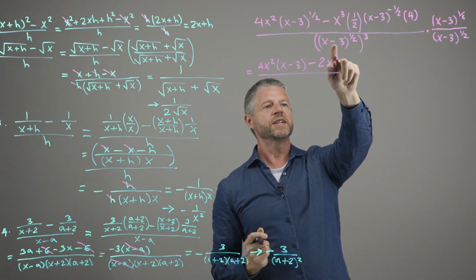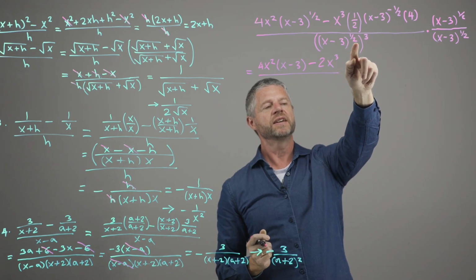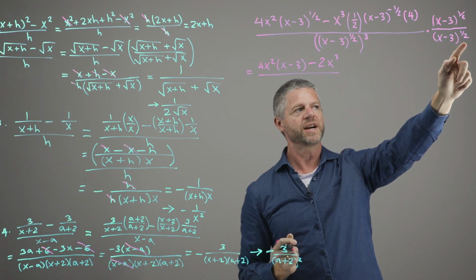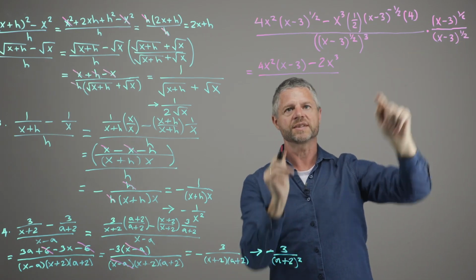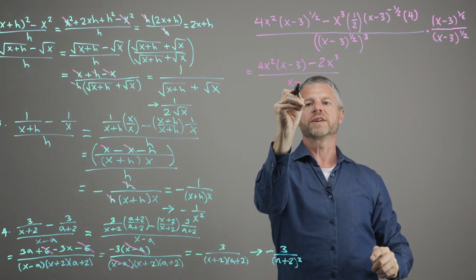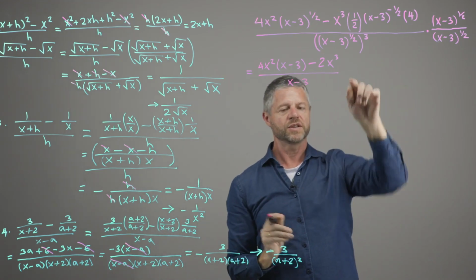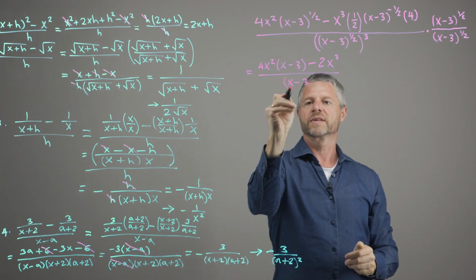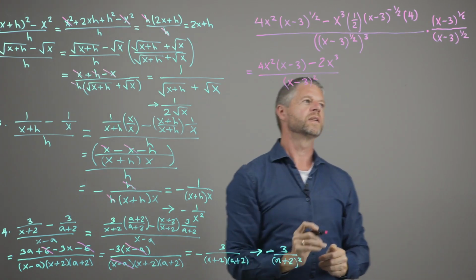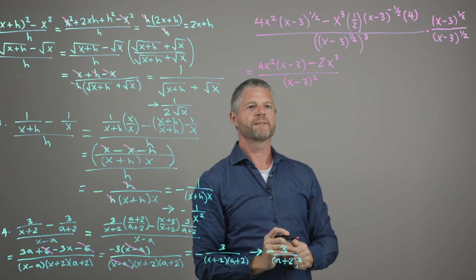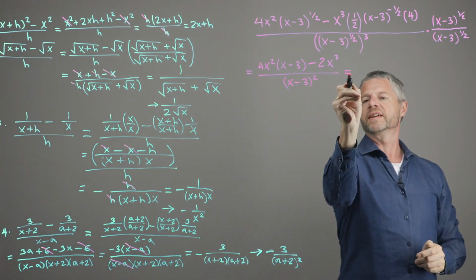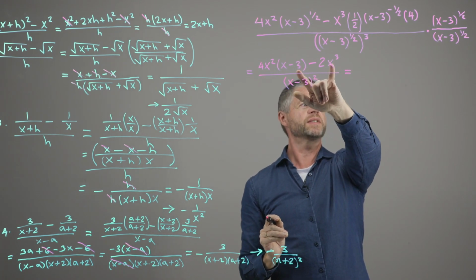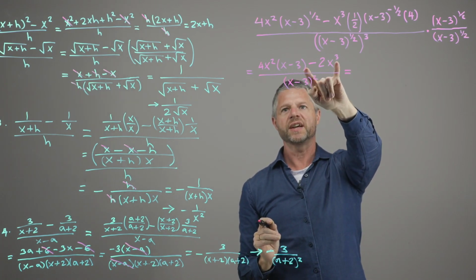In the denominator, I've got x minus 3 to the 3 over 2 times x minus 3 to the 1/2. So that's going to be x minus 3 to the 3 over 2 plus 1/2, which is 2. And so I think all that's left is for us to clean up the numerator.